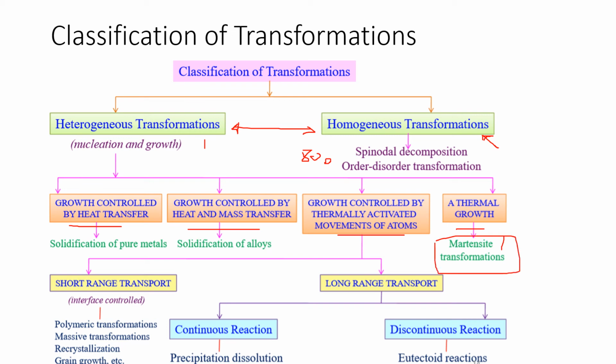For growth controlled by heat transfer, the process is solidification of pure metals. In growth controlled by heat and mass transfer, the process is solidification of alloys.